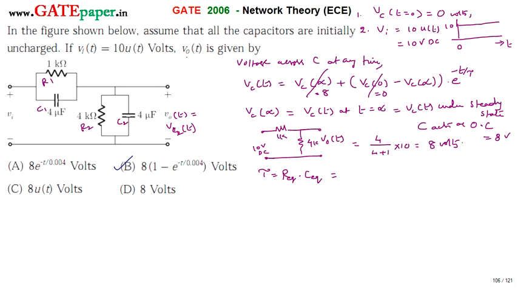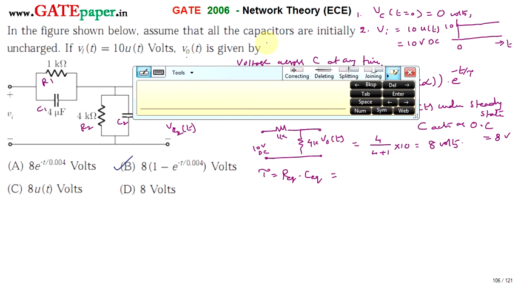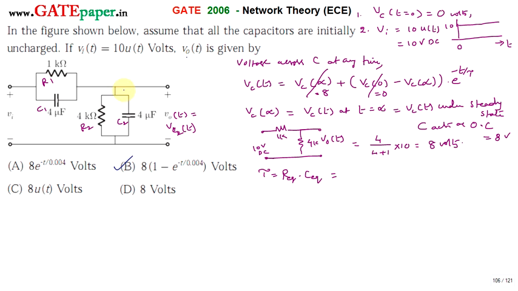Nullifying the voltage sources and current sources if present, our circuit consists of only one voltage source, 10 volts DC, so you must short circuit the input. You short circuit the input voltage and remove these capacitors. Then the equivalent resistance between these two terminals is 1K and 4K in parallel. So R equivalent is 1K in parallel with 4K.